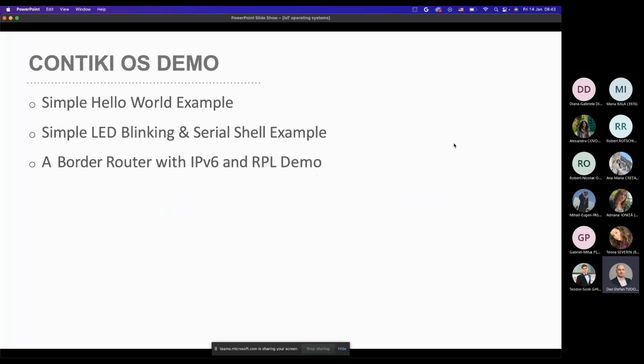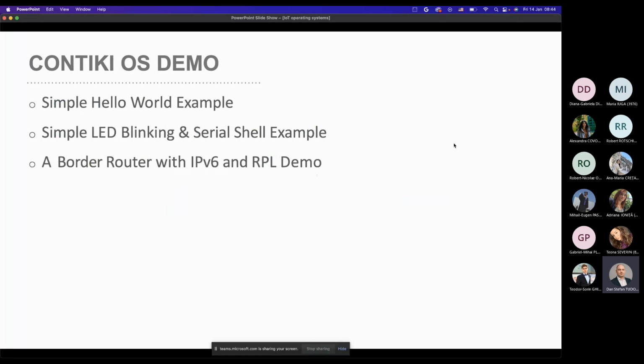Okay, so we're going to move forward with a Contiki demo. We're going to go through a simple hello world example, and we're going to build on that to add some more facilities to it, see how the event system is working in Contiki, and move to a simple LED blinking serial shell example.